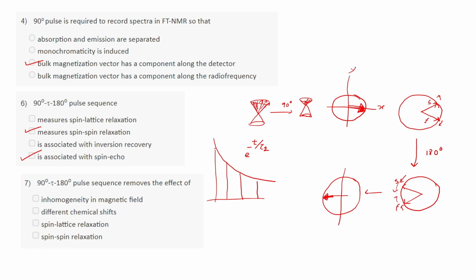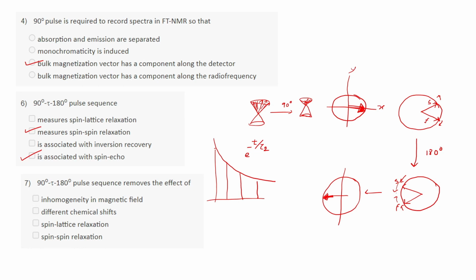Okay. Now the last question: the 90 degree, tau, 180 degree pulse sequence removes the effect of which: inhomogeneity in magnetic field, different chemical shifts, spin-lattice relaxation, or spin-spin relaxation?